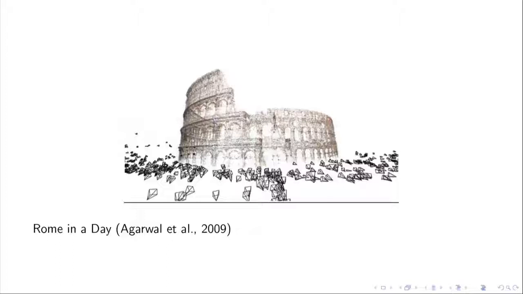They tried to get all the images of Rome they could find online and put them all together to recreate these 3D models. Here you can see a reconstruction of the Colosseum, and these are the angles that the pictures are being taken from. One of the things they found is that many people who are taking pictures of the Colosseum turn out to all take the same picture, same angle.